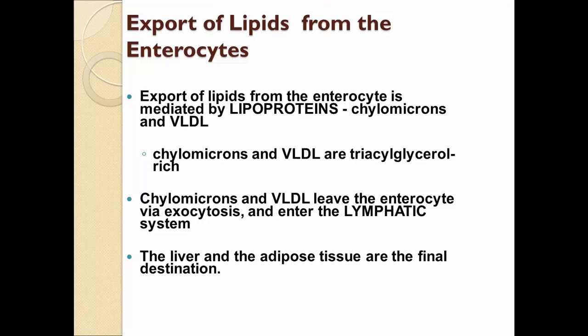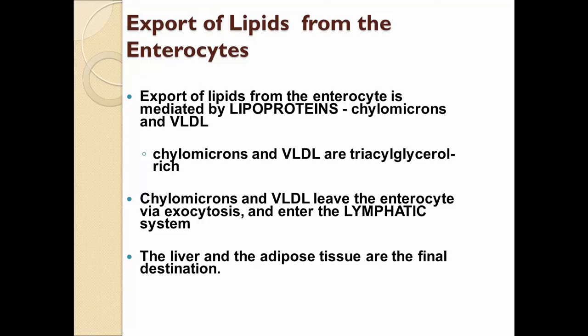So in the enterocytes, once the lipid is absorbed, it is reacidified to triglyceride and packed into the chylomicron. Chylomicron is one of the lipoproteins that is primarily made in the enterocytes, right?